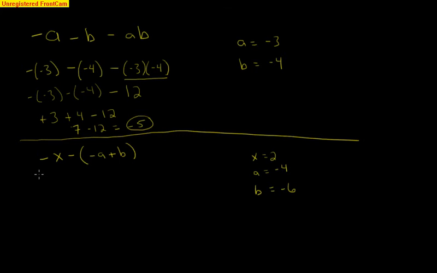Alright, we'll do one more here. First step, plug the values in. X equals 2. So you have -2, or the opposite of 2, minus the opposite of A. A is -4. I'm going to rewrite that since it looks like a 9.